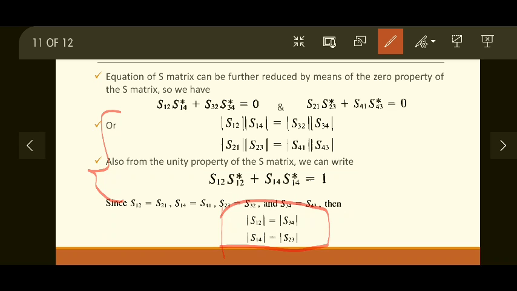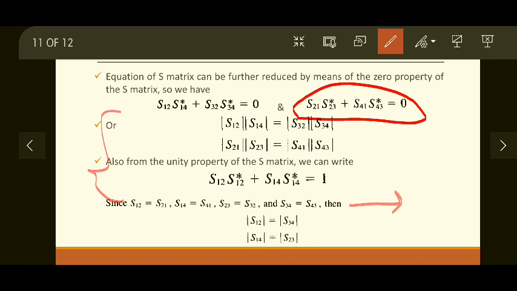How is this obtained? Using these equations, now consider this one. S21 means S12 into S23 conjugate plus S41 means S14 into S43 conjugate, means S34 conjugate. Now compare this with this one.